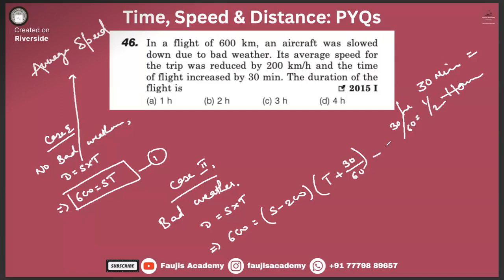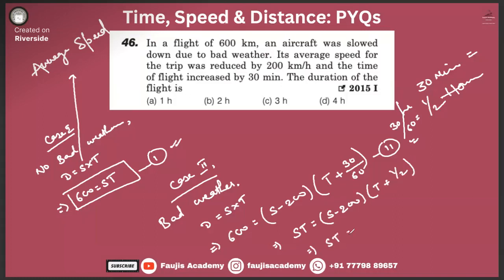Now over here also 600 is there, 600 is there. So can we work out with these two? ST is equal to S minus 200 into T plus 1 by 2, right?